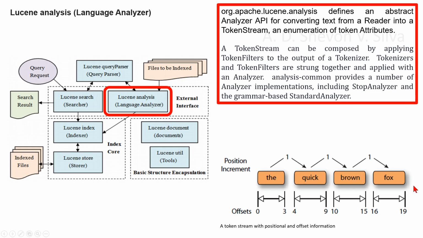For example, let's analyze the text "the quick brown fox". Each token represents an individual word of that text. A token carries with it a text value, the word itself, as well as some metadata: start and end character offsets in the original text, a token type, and a position increment.